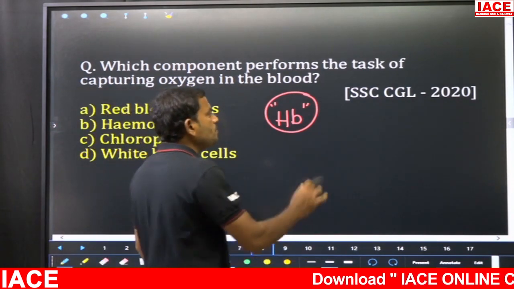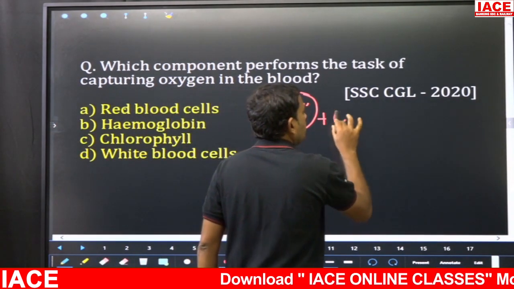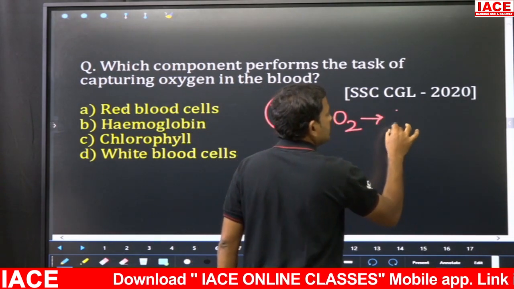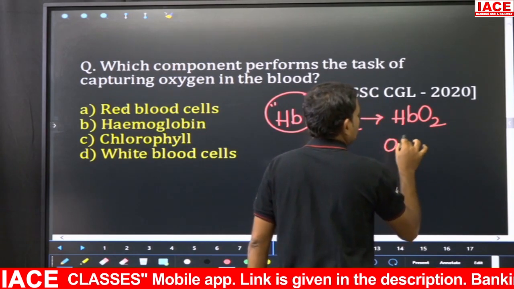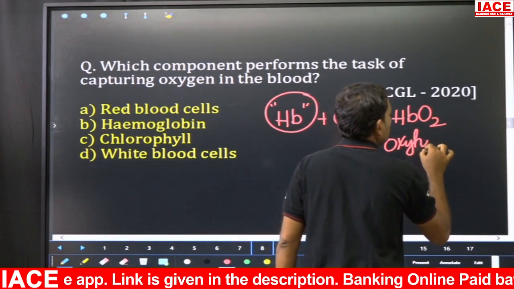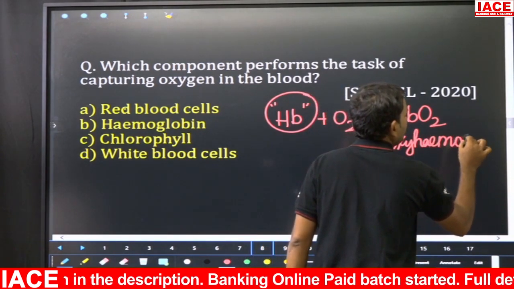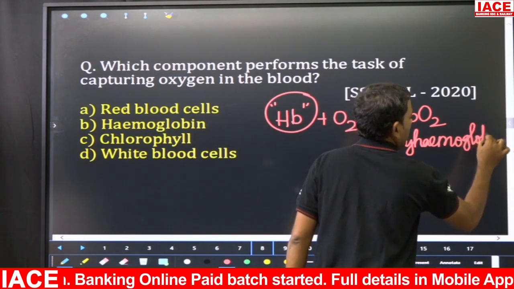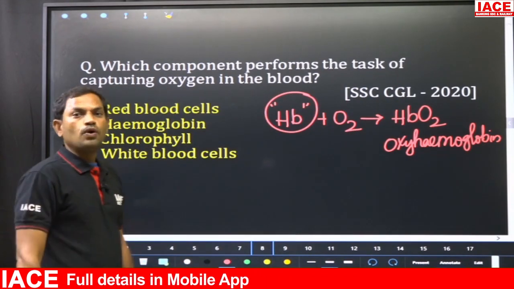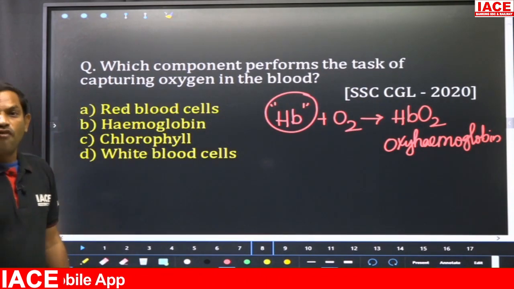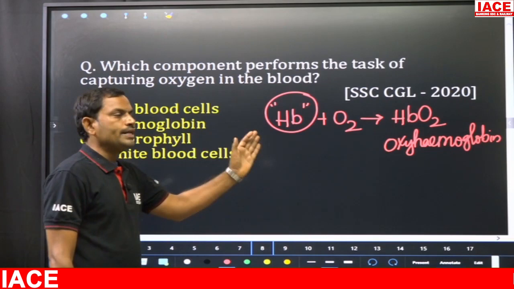Now this Hb combines with oxygen, resulting in the formation of HbO2, which we are calling oxyhemoglobin. So this oxyhemoglobin is the compound that is formed when hemoglobin combines with the oxygen.